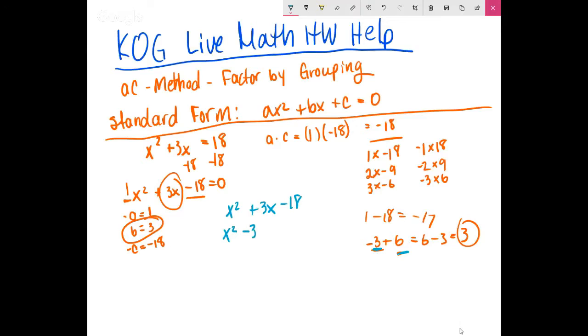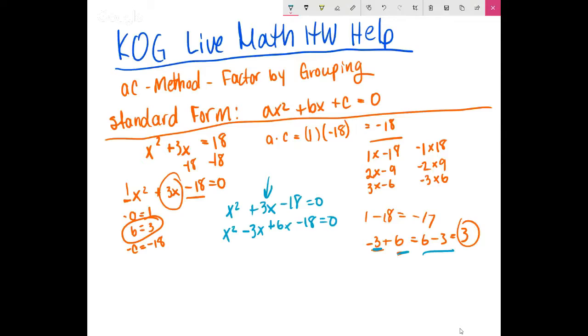So we're going to do x squared negative 3x plus 6x minus 18 equals 0. Just want to point out that the middle is the same thing as writing 3x, because we just saw that 6 minus 3, or negative 3 plus 6, is 3. So you're not changing anything. All you're doing is changing what it looks like.